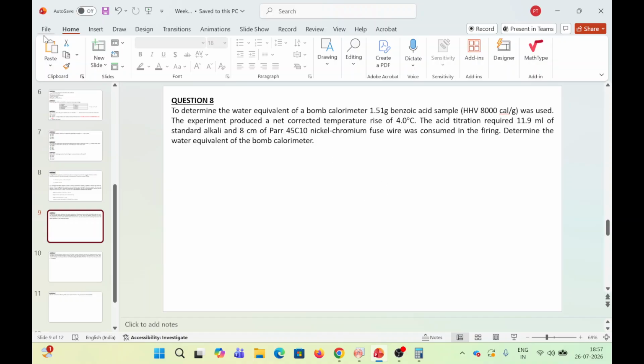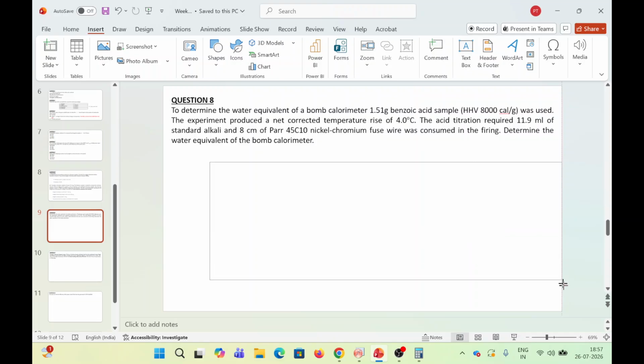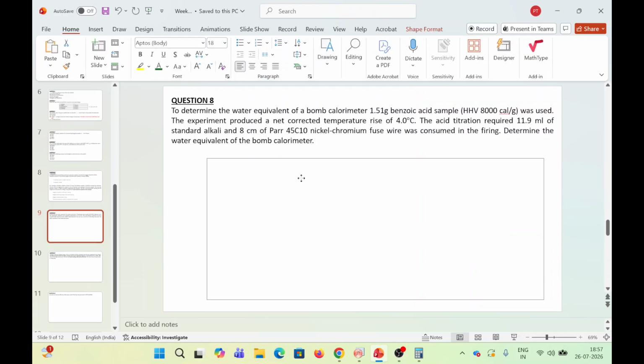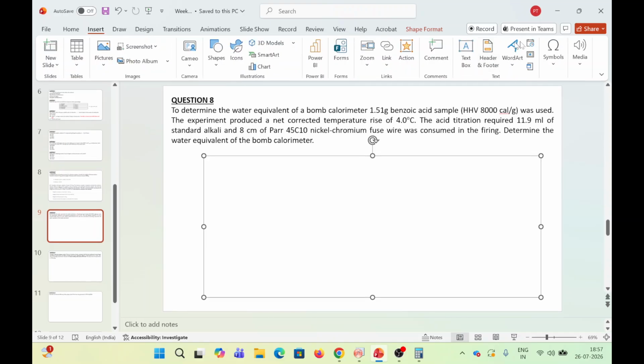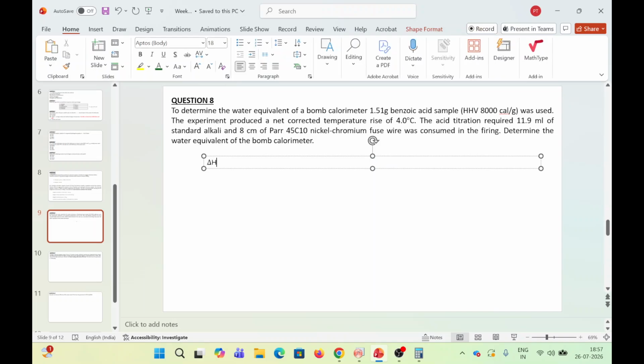So we are asked to calculate the water equivalent. I think this is one of the solved problems in the tutorial, or a similar problem has been solved. So delta H is equal to W times delta T, right?